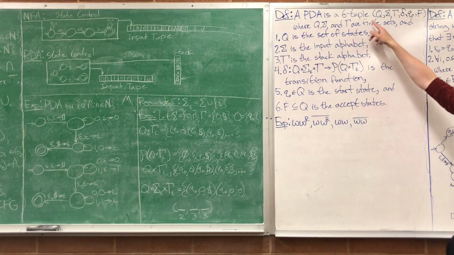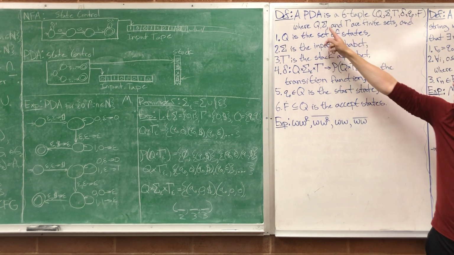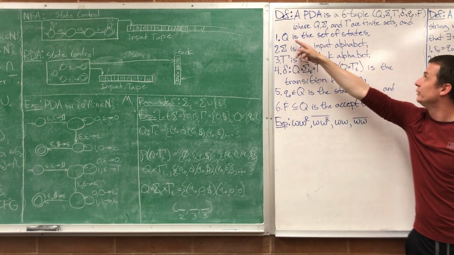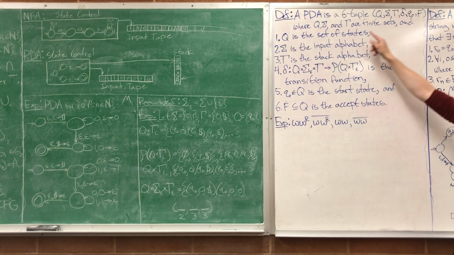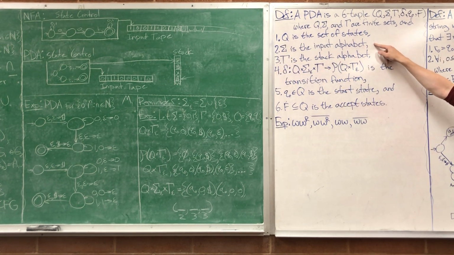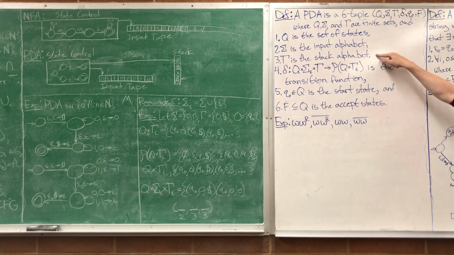Okay, so a PDA is a 6-tuple. Q, sigma, gamma, delta, q naught, F, where Q, sigma, gamma are finite sets, exactly as you expect. Q is a set of states, nothing different there. Sigma is the input alphabet, nothing different there. Gamma is the stack alphabet, okay, that is different.